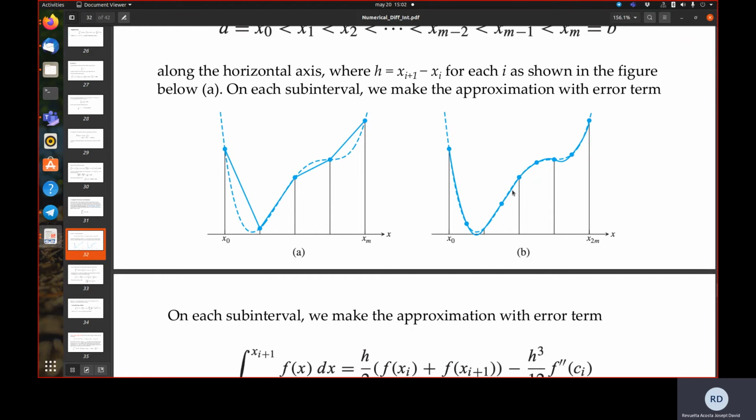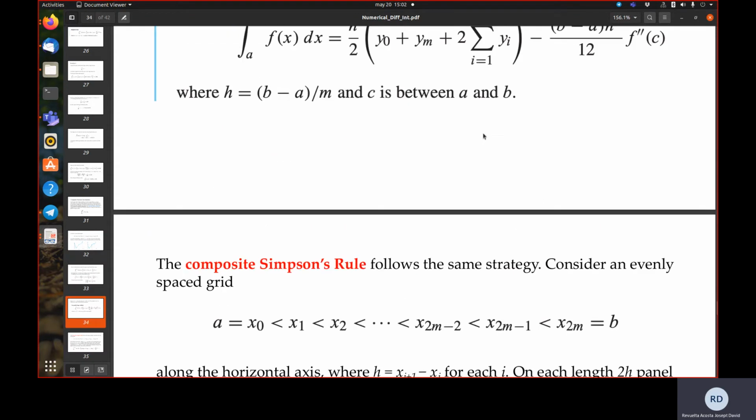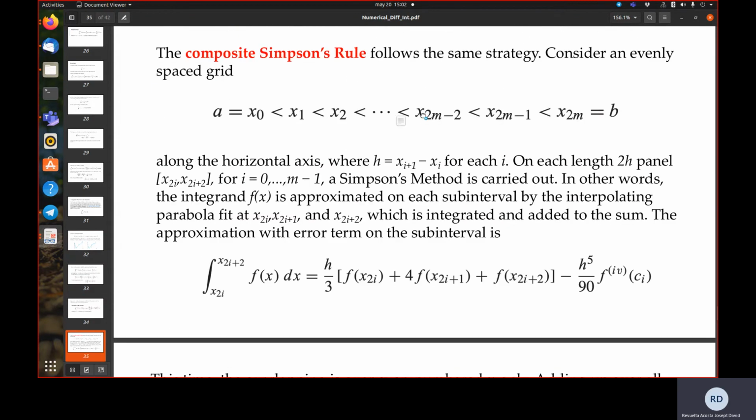So the same for this one. 1 point here, 1 point here, they miss 1 point here, and then you have the same for the last one. But this is exactly what we have here. We have to account for the points in the middle, and all these points are defined in the horizontal axis or the x-axis.